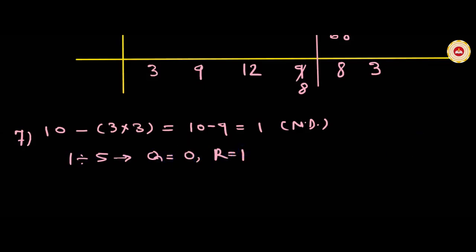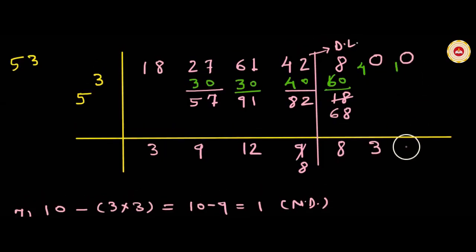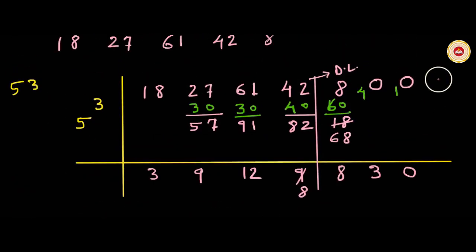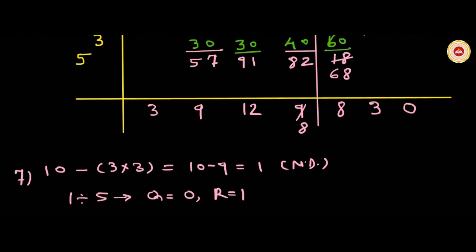Write quotient 0 below gross dividend 10 and write remainder 1. Where to write? For that you have to increase one 0 again and write remainder 1 as a prefix. But friends, we have already calculated the answer up to 3 decimal places. So I think we can stop our division process here.